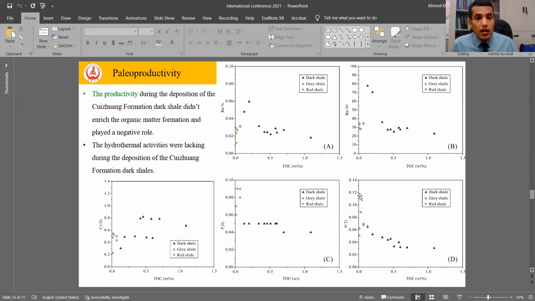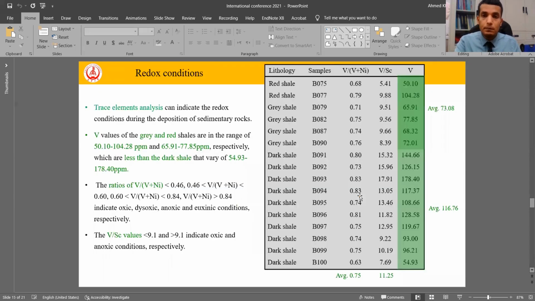Also, the hydrothermal activities show there is no positive correlation with TOC, which indicates that the hydrothermal activities contributed negatively to the organic matter accumulation.